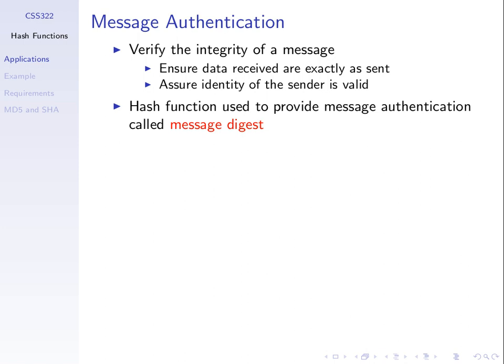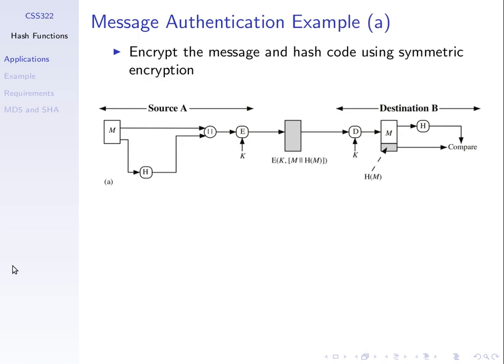A hash function is used to provide message authentication, these two services, by what's called a message digest. We take a digest of the message and send that along with the message. Let's see some examples of how it's used.